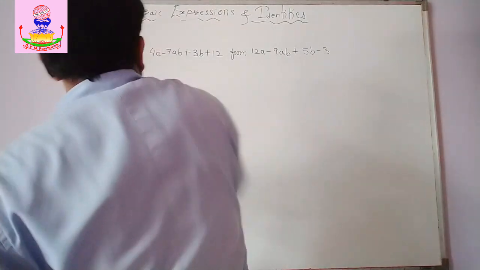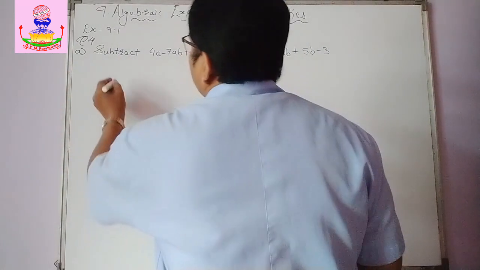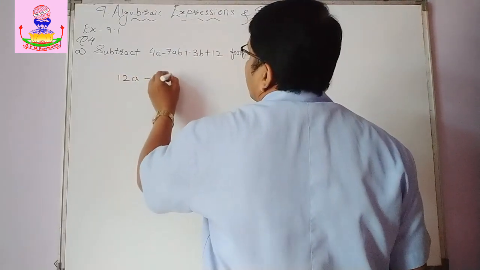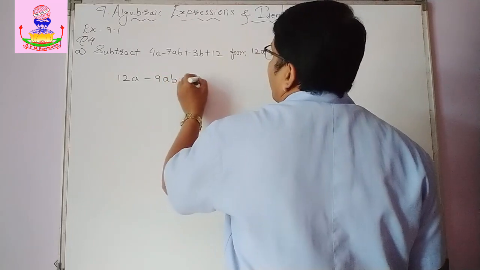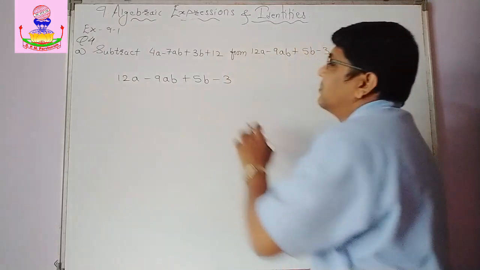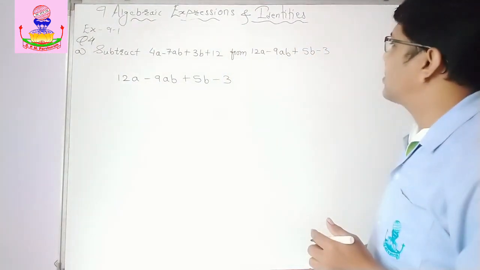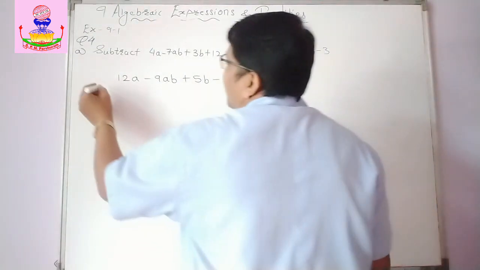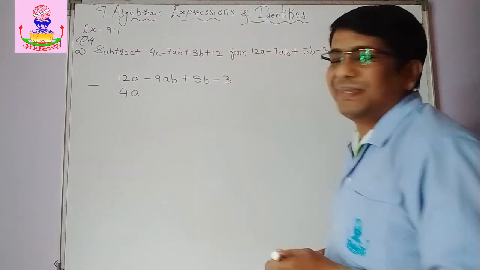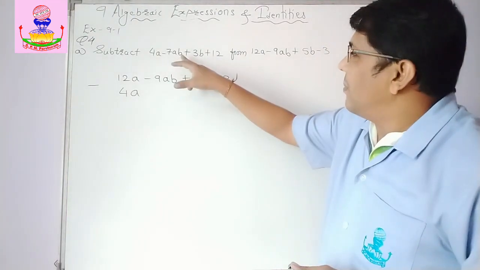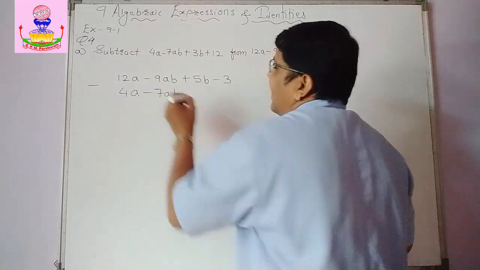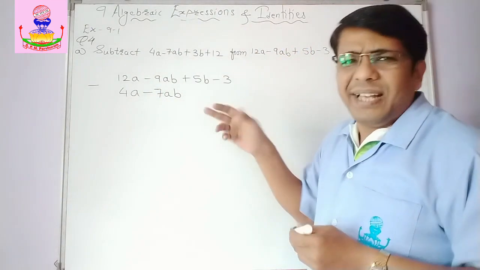Just a minute. So I have written 12a minus 9ab plus 5b minus 3, minus 4a, similar terms one below the other, minus 7ab along with their sign, plus 3b.